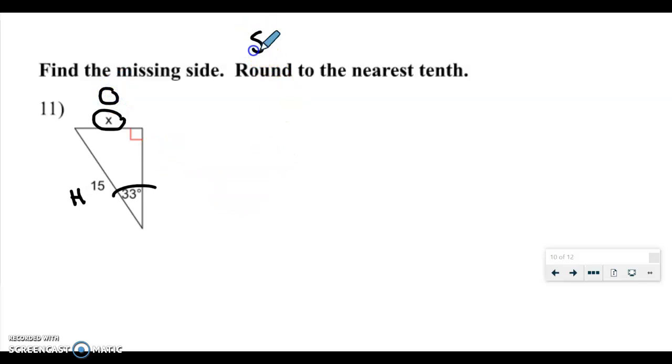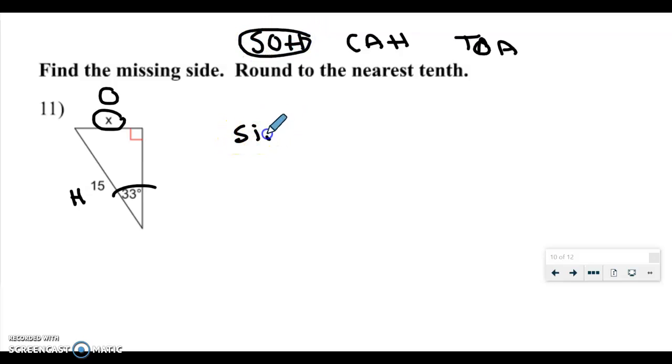So if you guys remember, we talked about three ratios: sine, cosine, and tangent. So, all right, which one has O and H? That would be sine. So I'm going to set up a sine ratio, saying the sine of the angle measure, which in this case is 33, is going to equal the opposite over the hypotenuse.